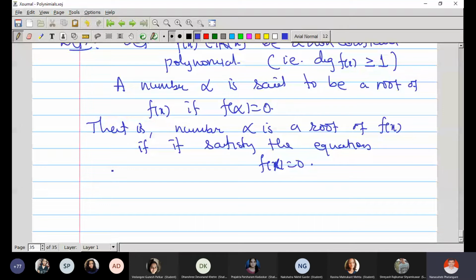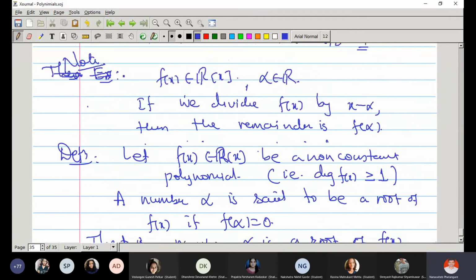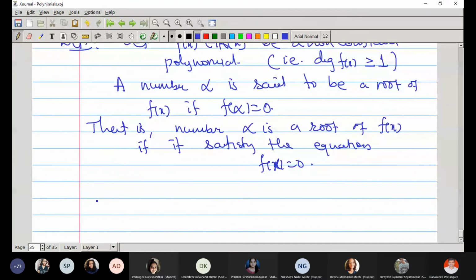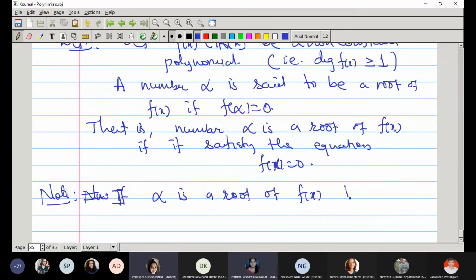So now we are talking about this key. If we divide the polynomial by x minus alpha, then f of alpha is the remainder. Now if alpha is a root of f of x, then the remainder f of alpha is 0.